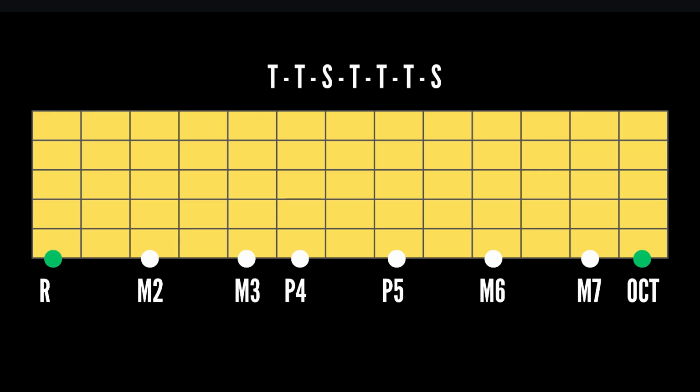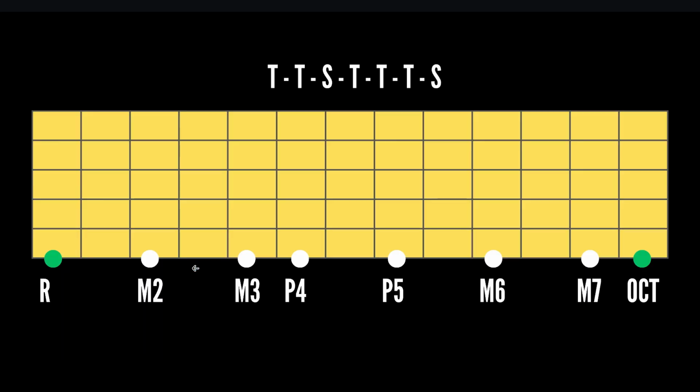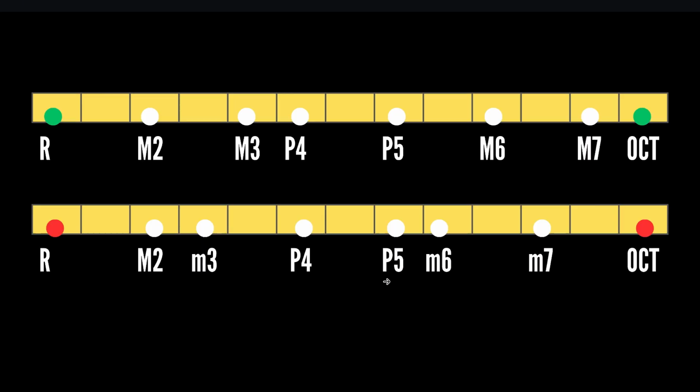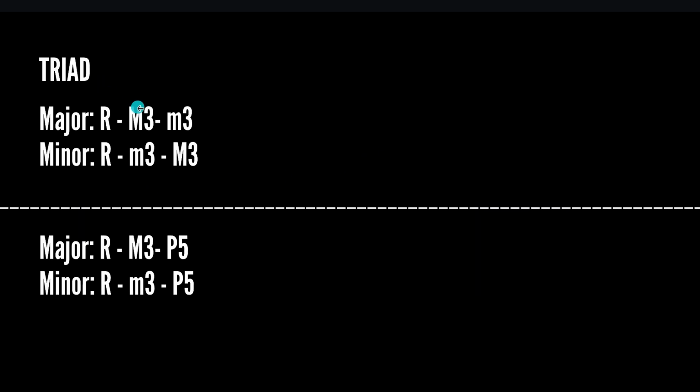So a distance of 3 from our major third: 1, 2, 3. It would actually be a minor third, derived from the minor scale. You see that distance of 3. Go back to here. Distance of 3 to get to our perfect fifth. And you'll notice a little bit of a pattern forming. The perfect fifths are always going to be there.